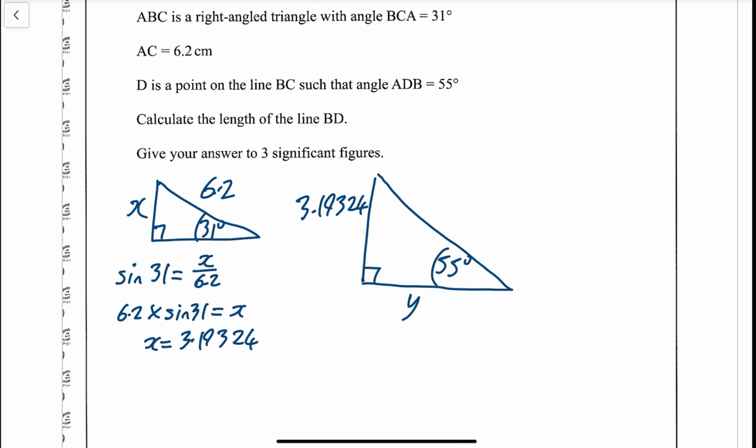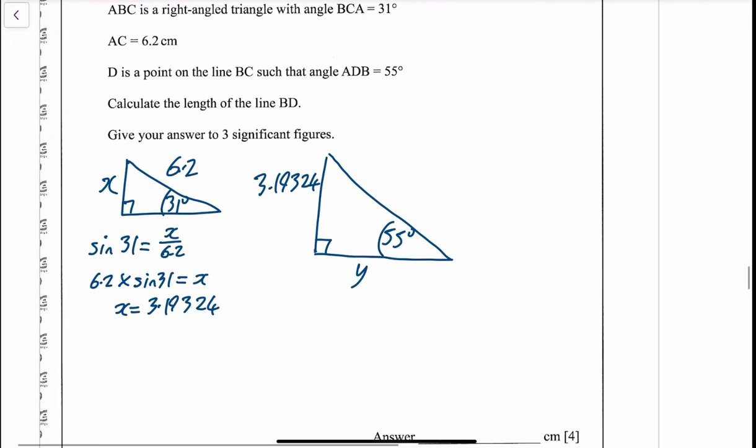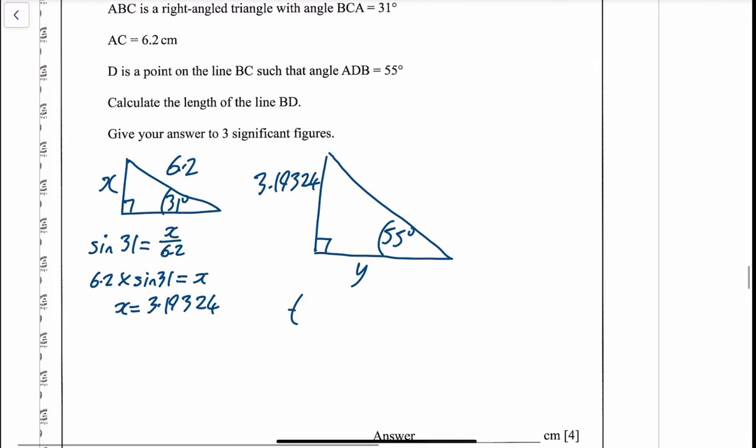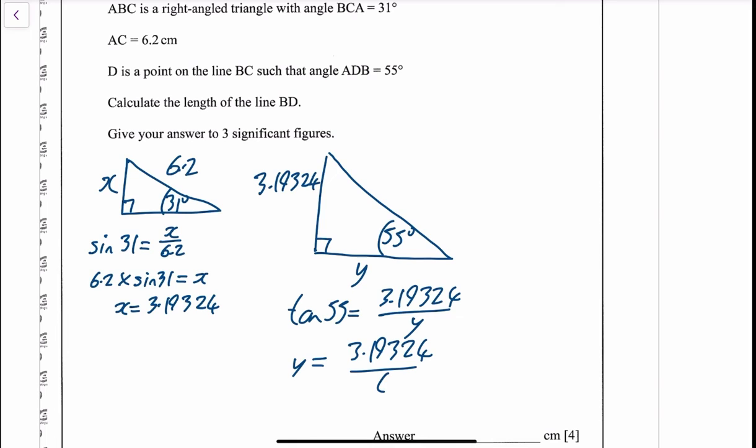I have to give my final answer to 3 sig figs. So here we're going to use tan. Tan of 55 equals opposite, 3.19324 over y, which means y is equal to 3.19324 over tan of 55, which means my y is equal to 2.24, if I've done that correctly, to 3 sig figs.